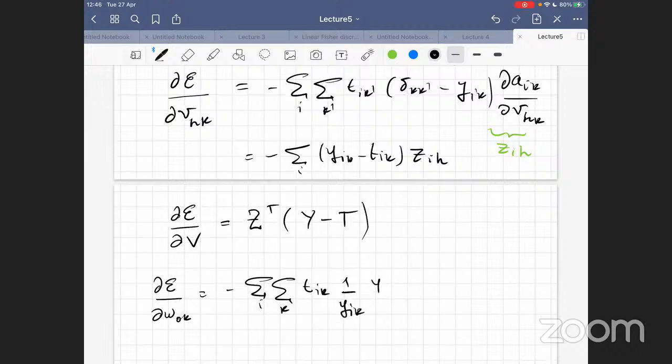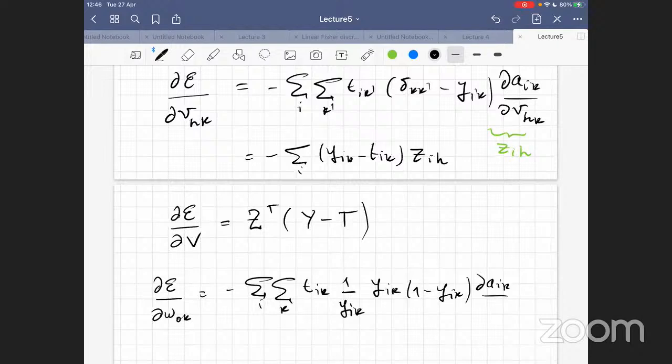y_ik. Then I need to derive again, so this goes away, this cancels, 1 minus y_ik. Now what you need to do is to take the derivative with respect to that w.